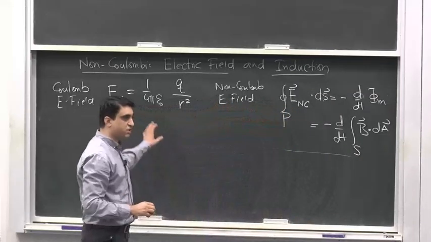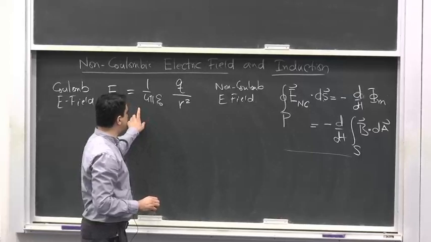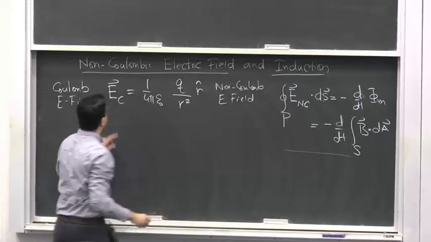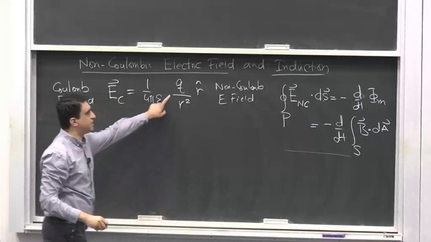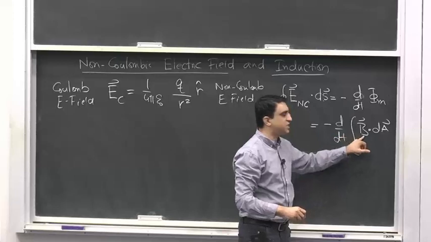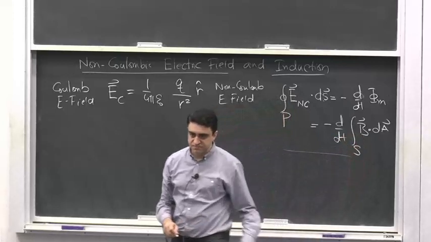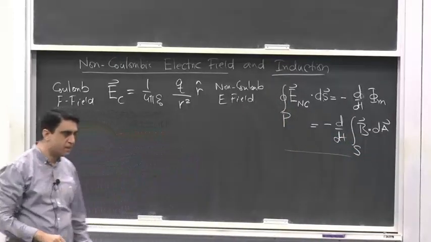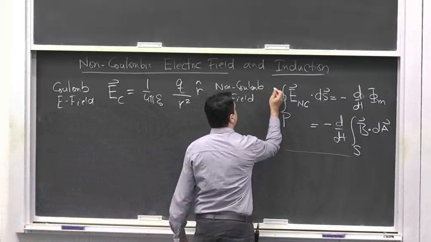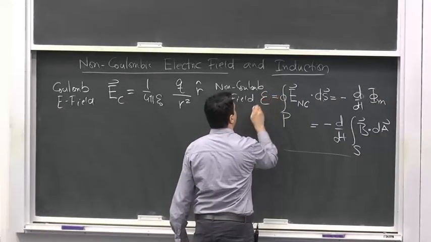That you have those two sorts of electric fields which you can form. One is a Coulomb electric field given by charges, and another is a non-Coulombic field which is given by changing magnetic fields. This one can also equal an EMF.